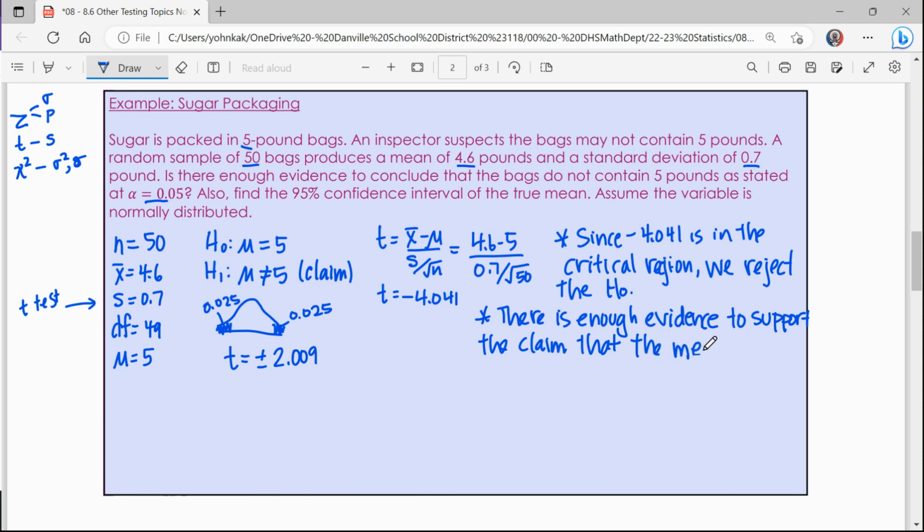Claim that the mean is not 5 pounds. Okay, so that is the hypothesis test half.